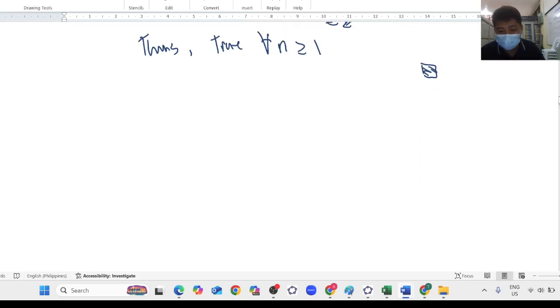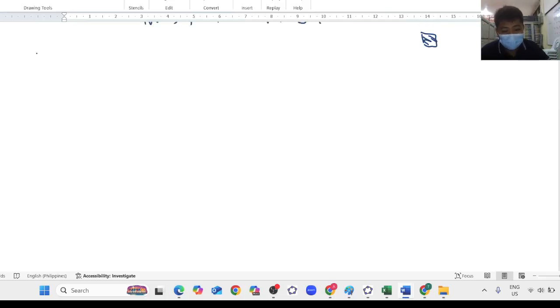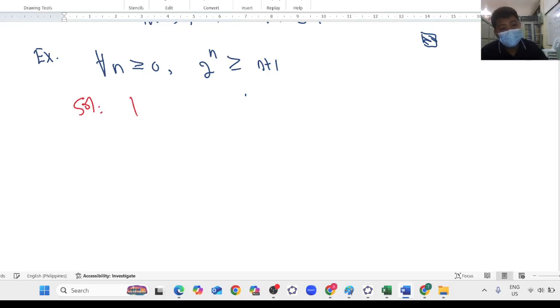So, next is, what if given? Next example, for every integer n greater than 0, we have 2 raised to n greater than or equal to n plus 1. So, solution, we have base case n is equal to 1.